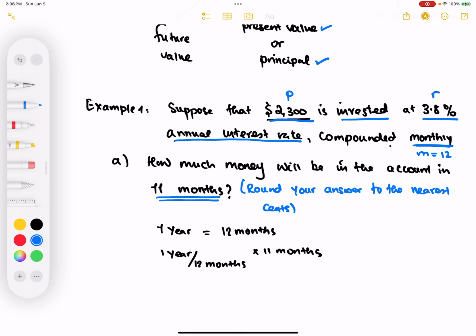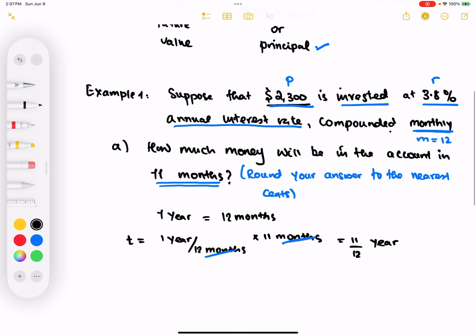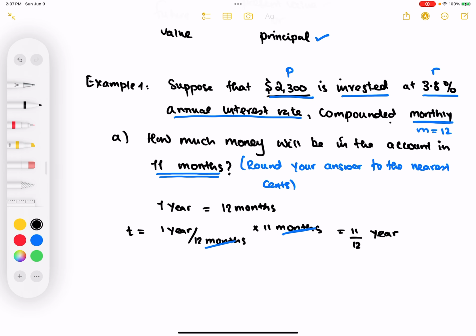This is proportionality. So 11 months means 11 over 12 year. That is very important. This is just to determine the T. The T must be in terms of years. If it is given in terms of months, you have to convert.